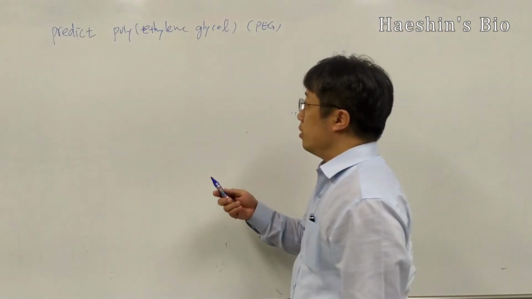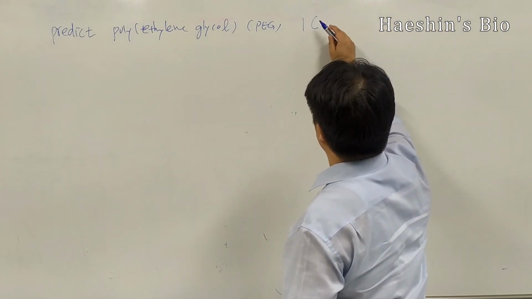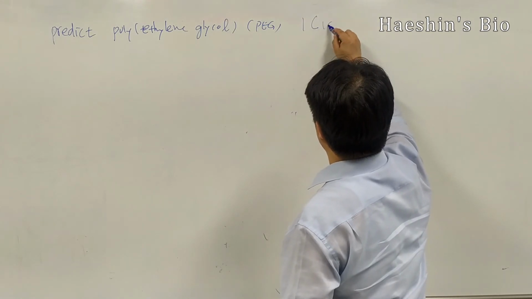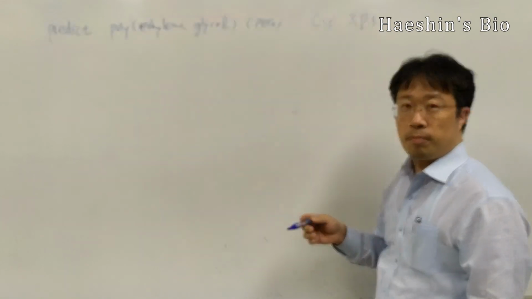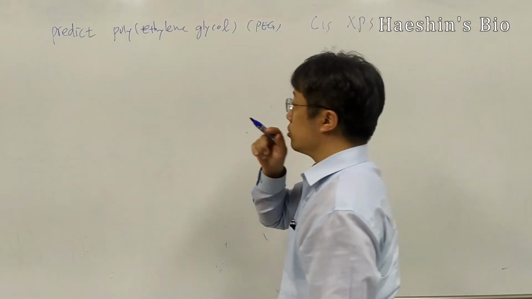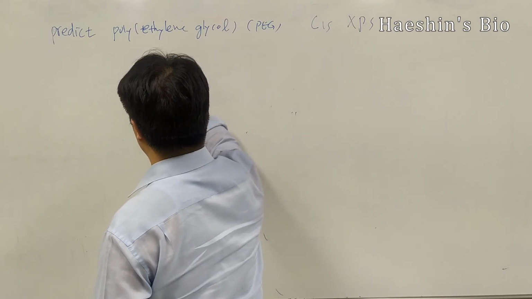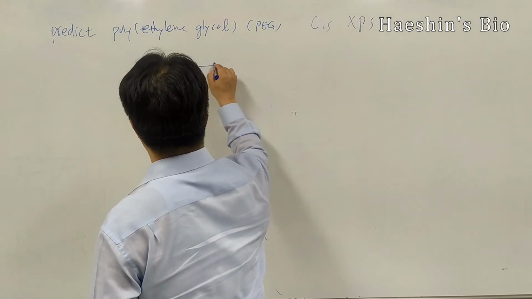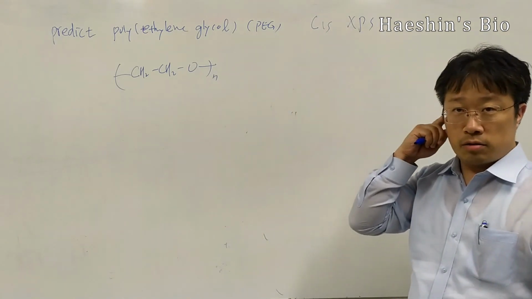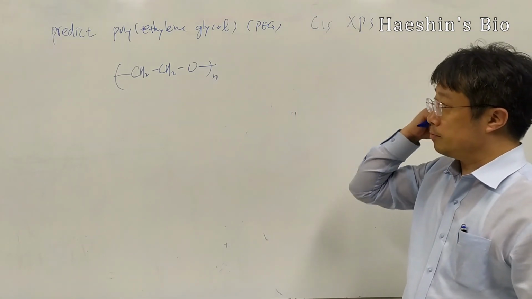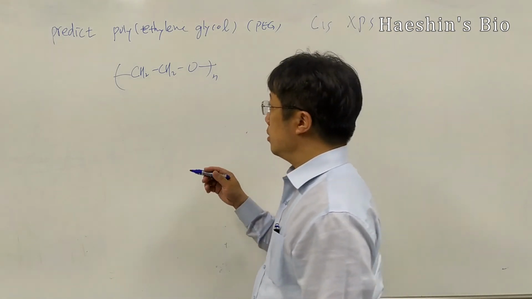Predict the carbon 1s XPS spectrum. So the polyethylene glycol structure is ethylene, so CH2 and O, that is the polymer. Okay. So this might be easier than the previous peptide case.